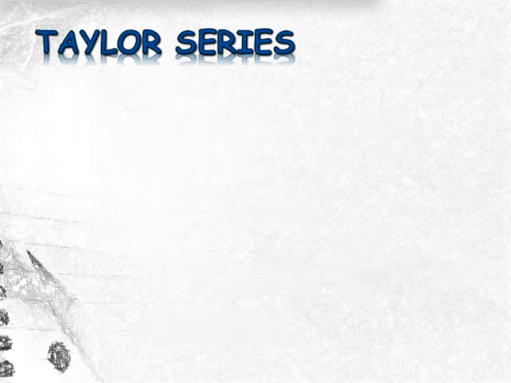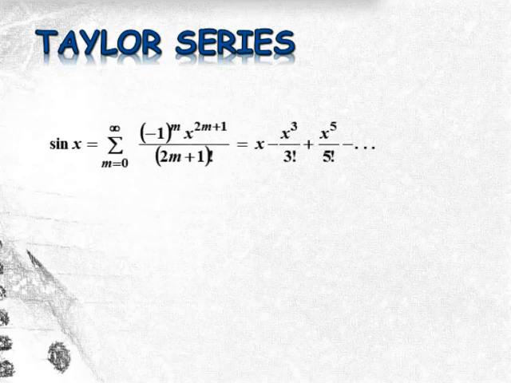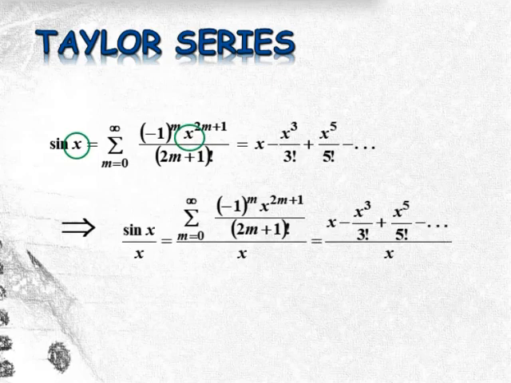So for problem 2, express sine x in Taylor series, then simplify. So sine x is equal to the summation from m equals 0 to infinity of negative 1 to the m times x to the 2m plus 1 over 2m plus 1 factorial. Meaning, sine x over x is equivalent to the summation from m equals 0 to infinity of negative 1 to the m times x to the 2m plus 1 over 2m plus 1 factorial all over x.